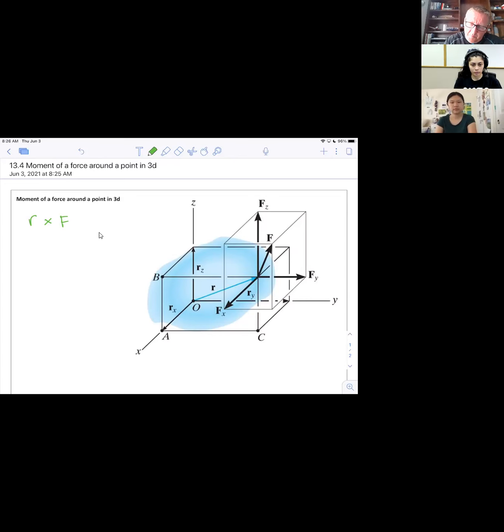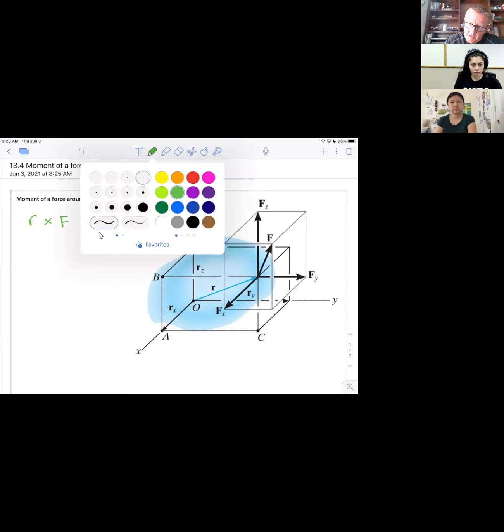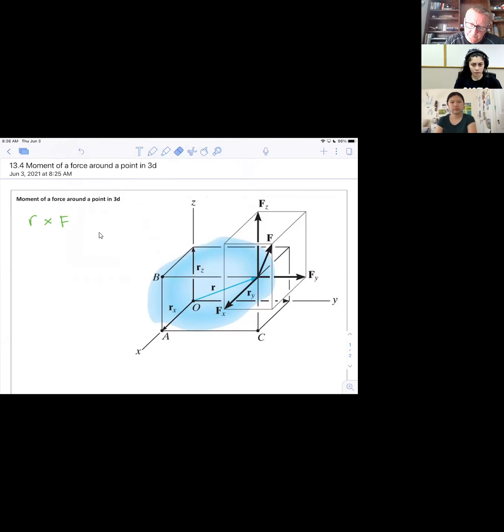And I'm going to go back here and switch colors to help you see this a little bit better. So notice this is exactly the same picture I just drew for you a second ago, except that this R value right here, this radius is right here.